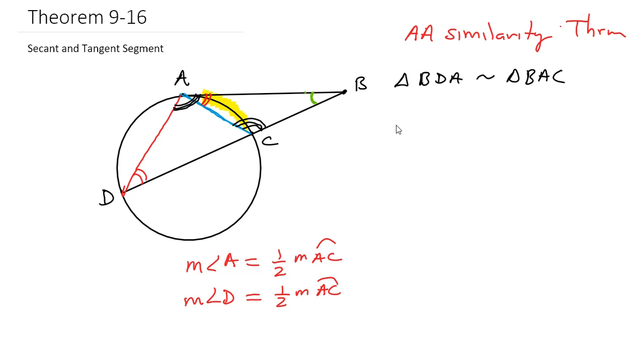Now that we have the correct names for the 2 triangles, let's use the definition of similar figures to come up with the proportion. Let's start with this segment over here from the larger triangle, so AB. That needs to be compared to the corresponding side on the smaller triangle.